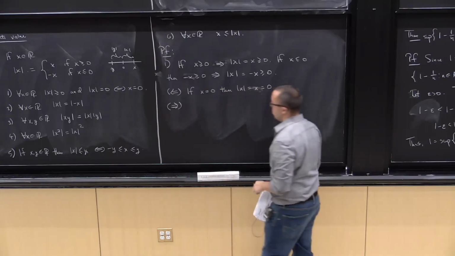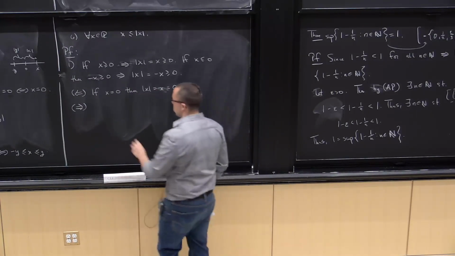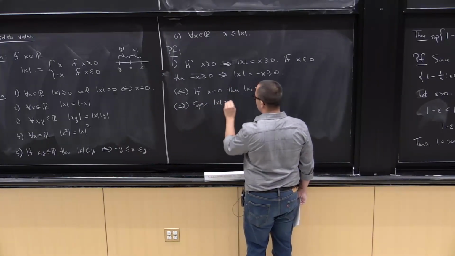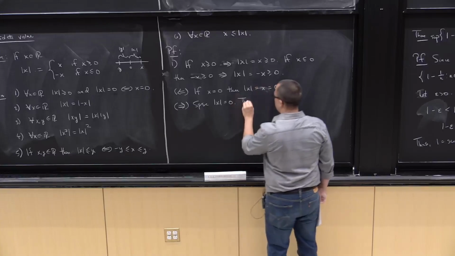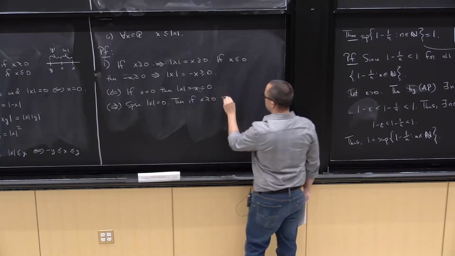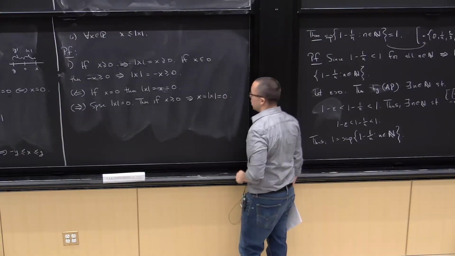Let's go with the other direction. So suppose the absolute value of x equals 0. Then if x is bigger than or equal to 0, we get that x is equal to its absolute value, which is equal to 0.